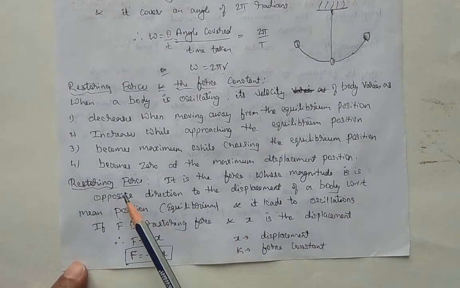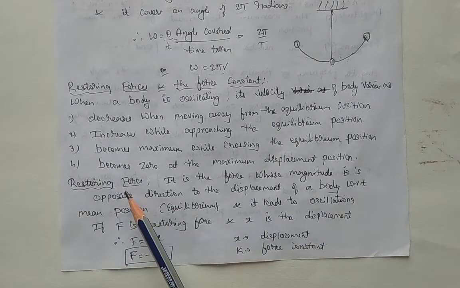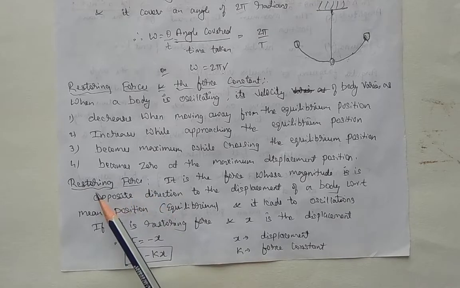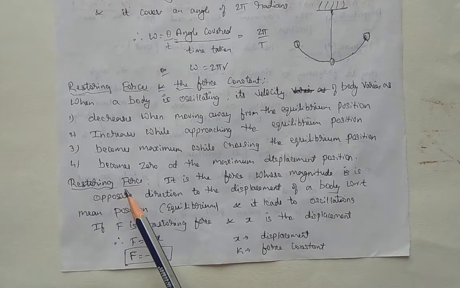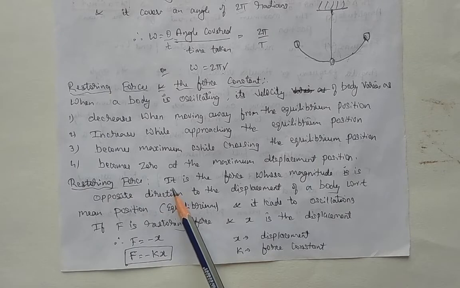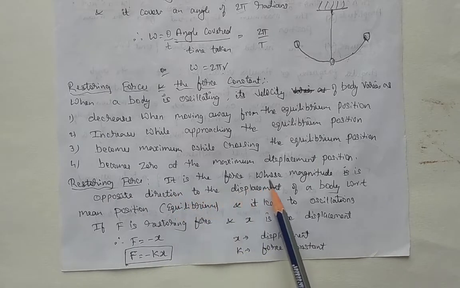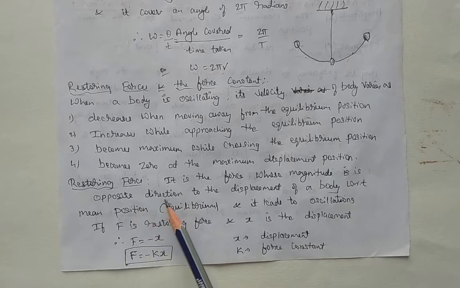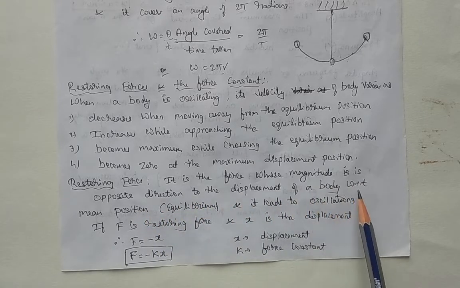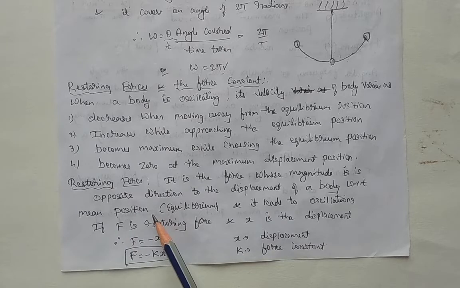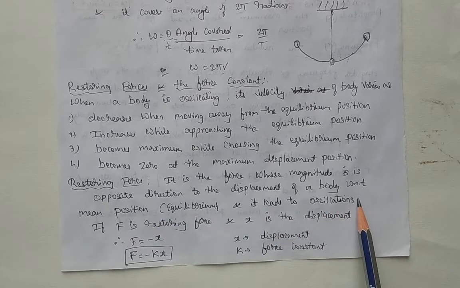Next comes the restoring force. What is the restoring force? The name itself indicates restoring. The definition is, it is the force whose magnitude is proportional and direction opposite to the displacement of a body with respect to the mean position, and it leads to oscillations.